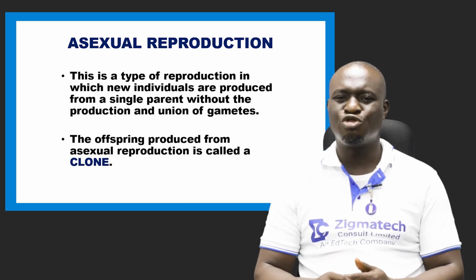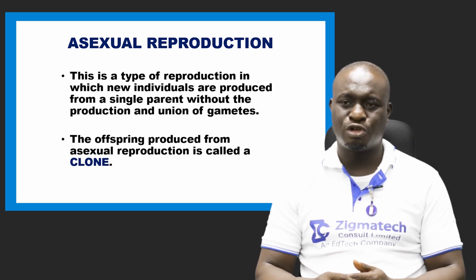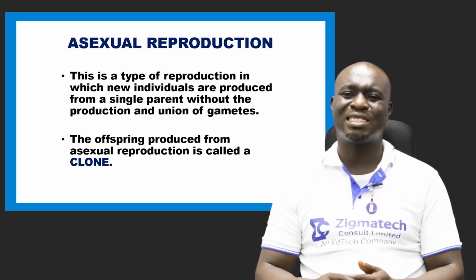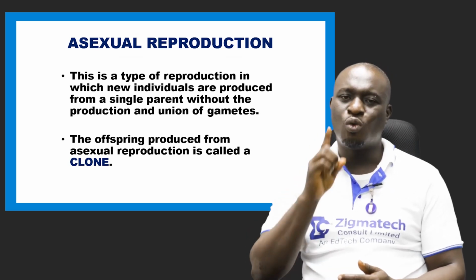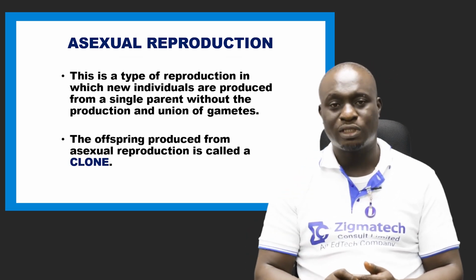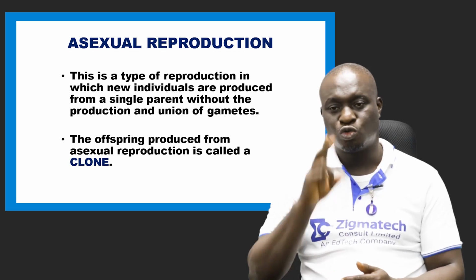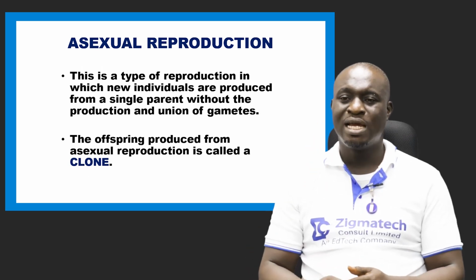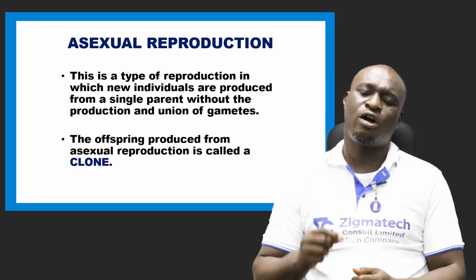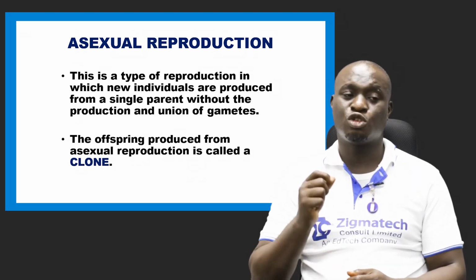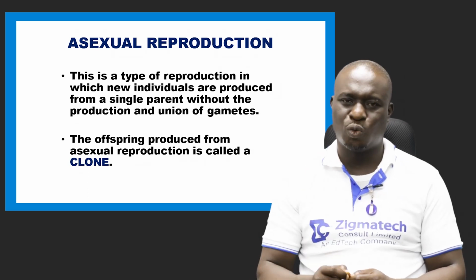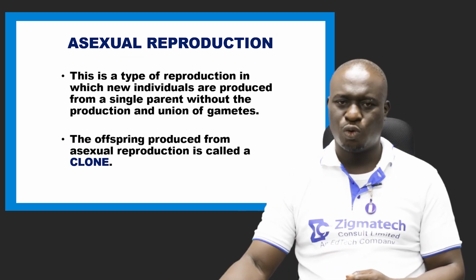Two, there is no union of gametes. Three, only a single parent is involved in this type of reproduction. And the offspring produced in asexual reproduction is usually called a clone.